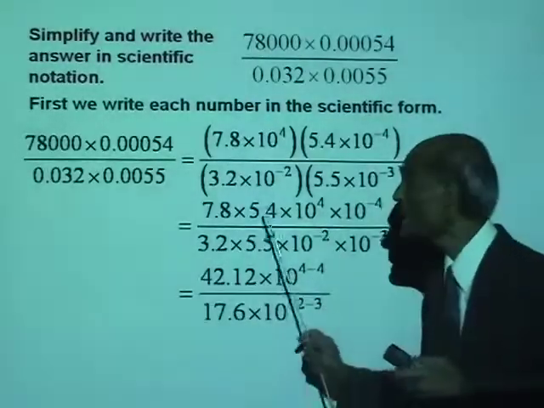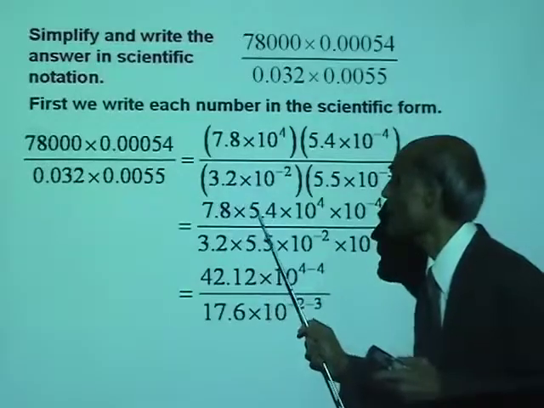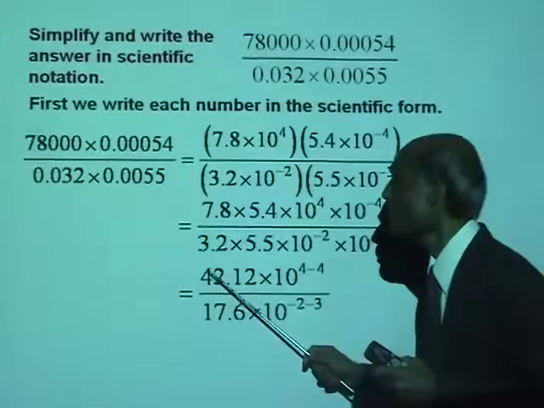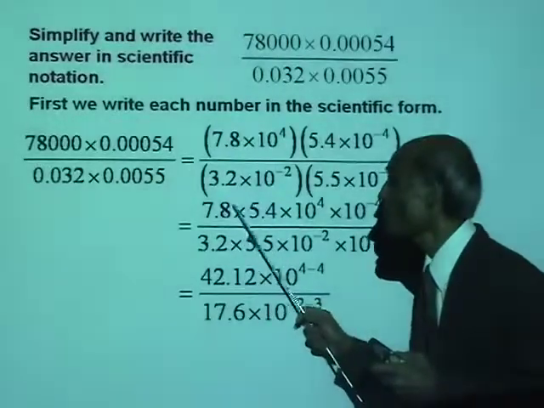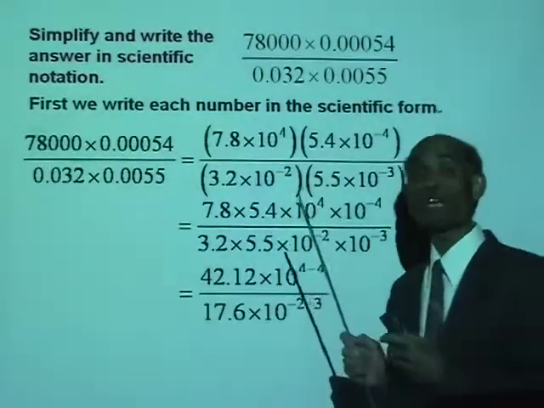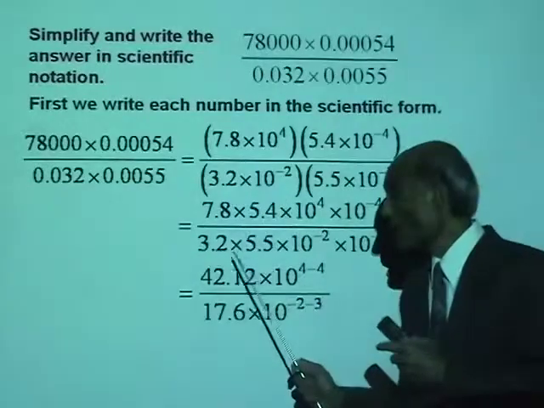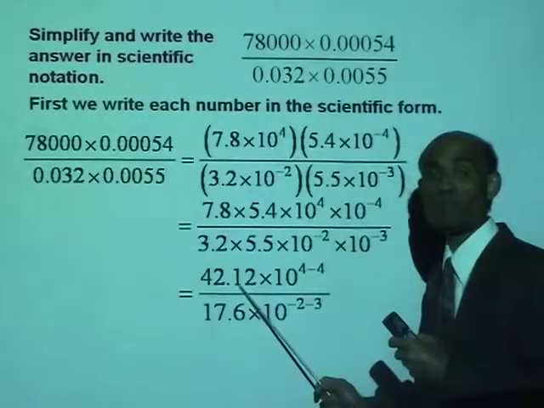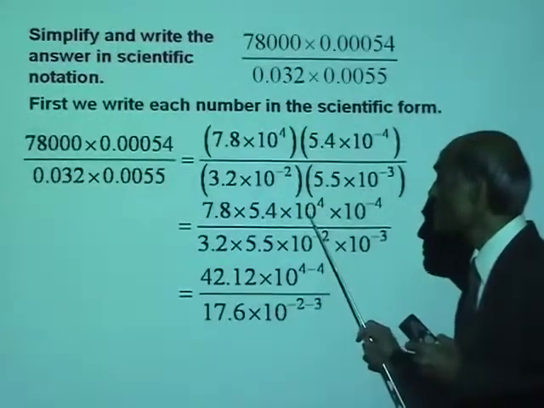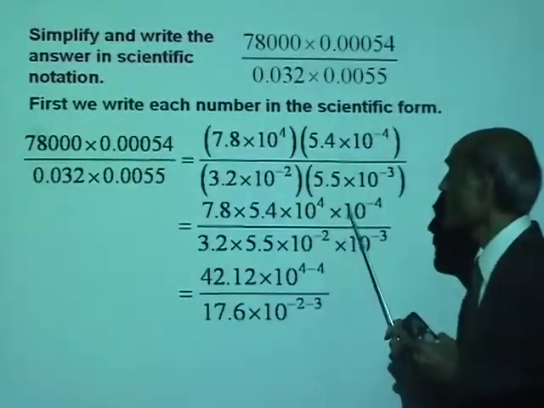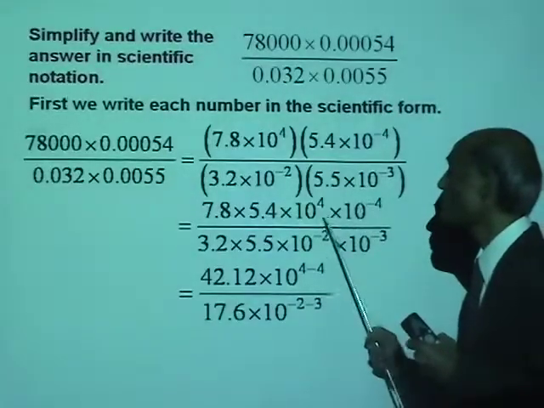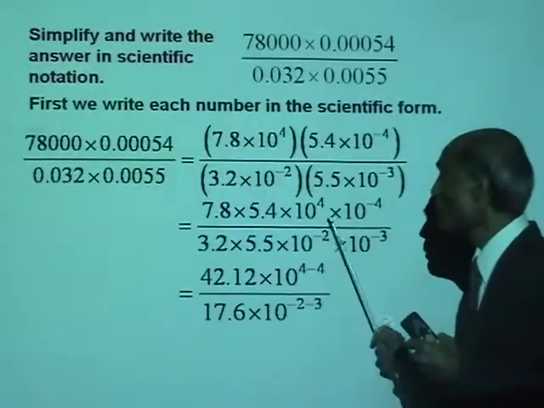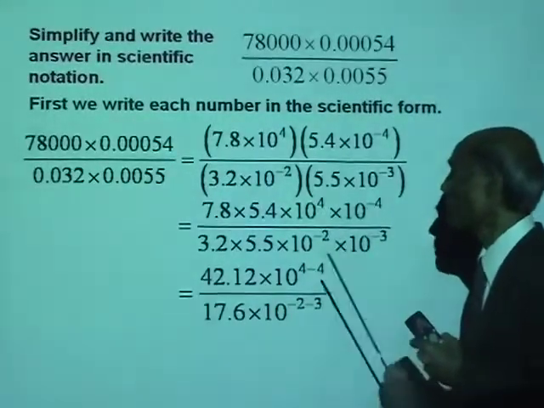Or what I have done here is I first multiplied these numbers. 7.8 times 5.4, simplify this. 7.8 times 5.4 is, well, I multiplied, I got 42.12. Okay, and 10 to the power of 4 multiplied by 10 to the power of negative 4, use the product rule, it is 10 to the power of 4 minus 4.